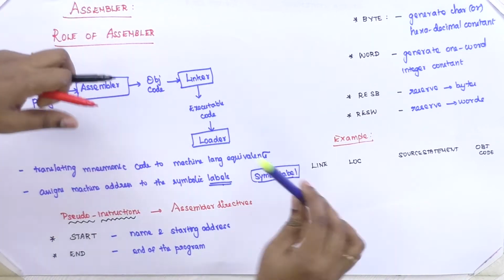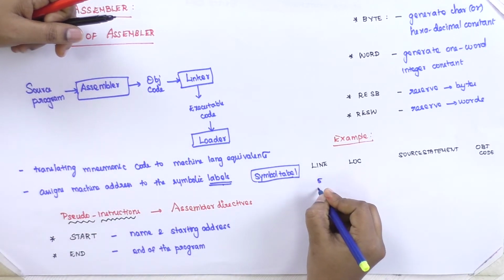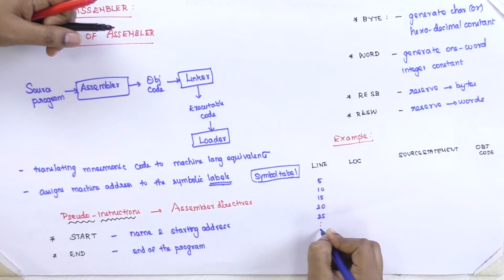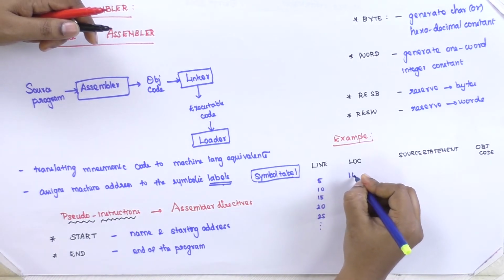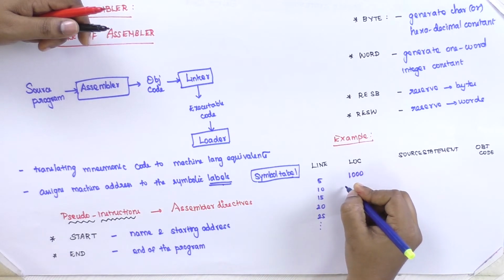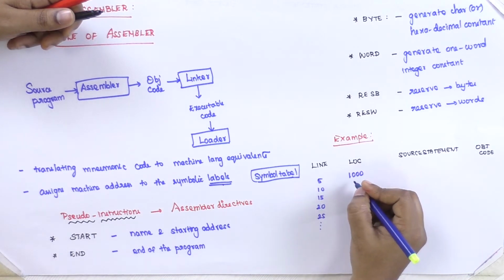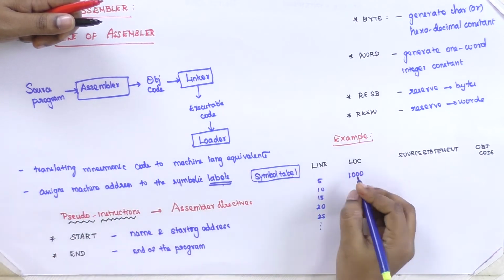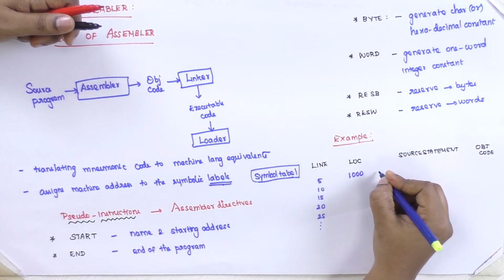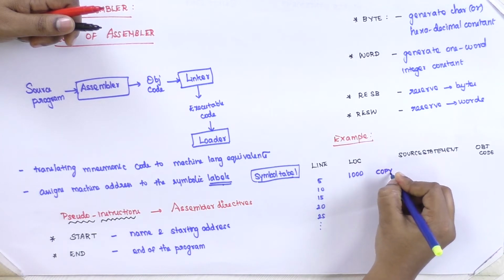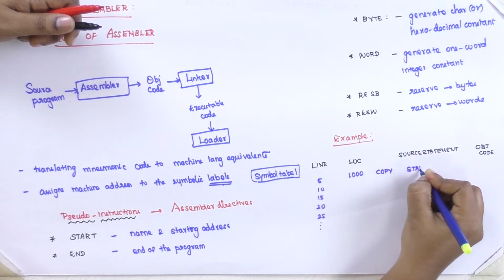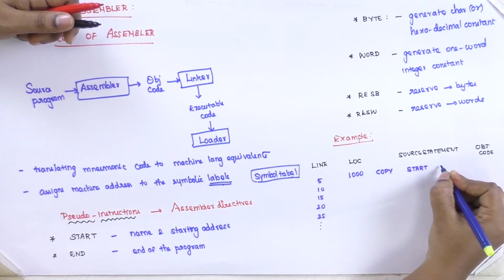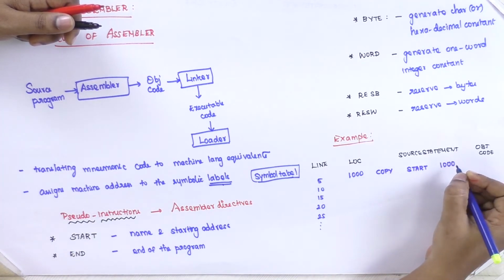The line numbers will be 5, 10, 15, 20, 25 and so on, and the location counter starts with the value specified in the START assembler directive. For example, COPY is the name of my program. START is our assembler directive. It will specify the name of the program and also the starting address.